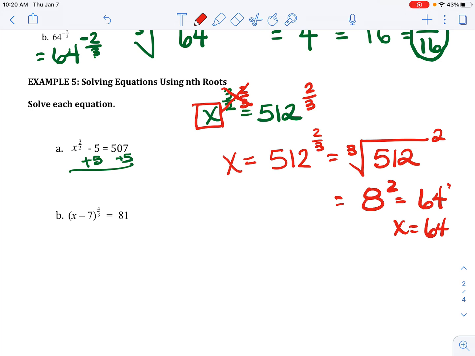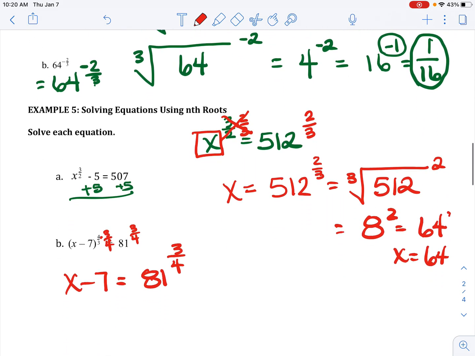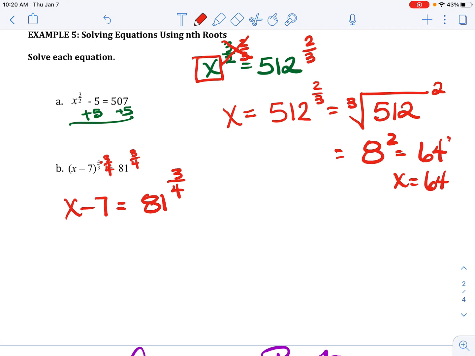So how do I get rid of my exponent first? I'm going to multiply it by 3 over 4. I'm going to raise it to the 3 over the 4 power. That gives me x minus 7 is equal to 81 to the 3 over the 4. As a reminder, the numerator becomes the exponent, the denominator becomes the radical. So we have x minus 7 is equal to the 4th root of 81 cubed.